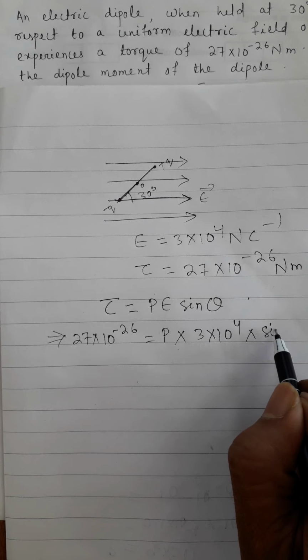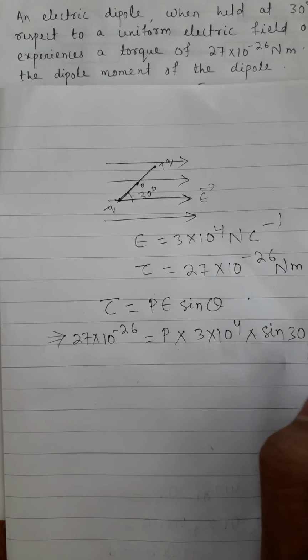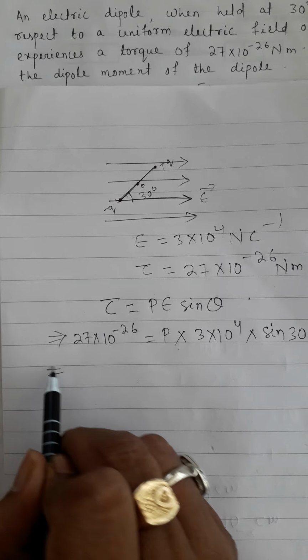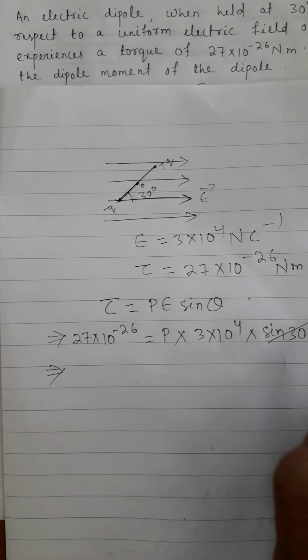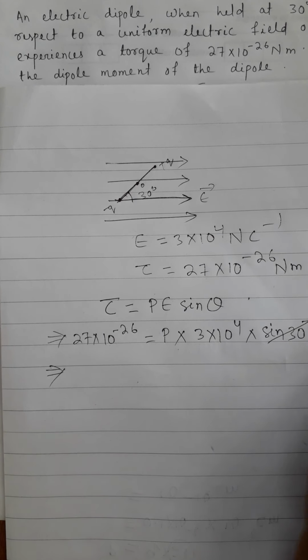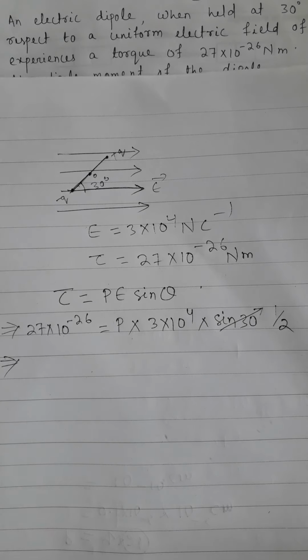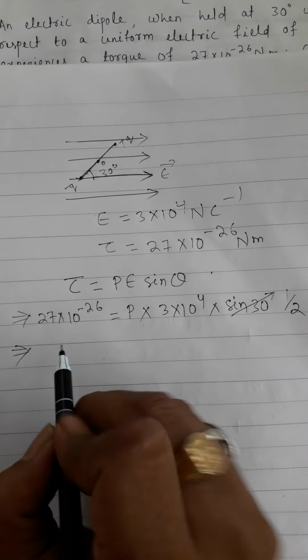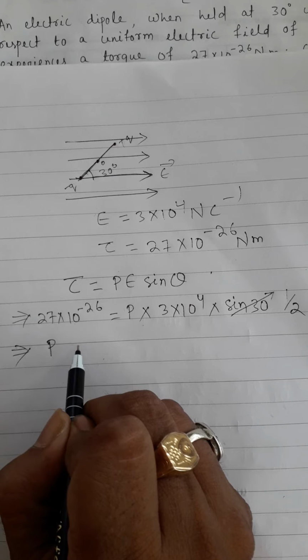So sin 30 degree is 1 by 2. So instead of sin 30 we can write 1 by 2. So we have to calculate the dipole moment P.